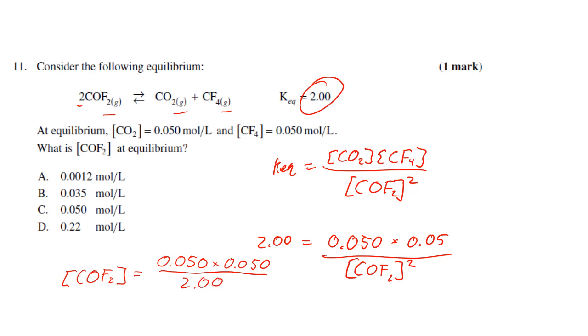There was a squared right here, but I removed the square because I'm going to take the root of both sides. And that means I need to take the root of this side as well.